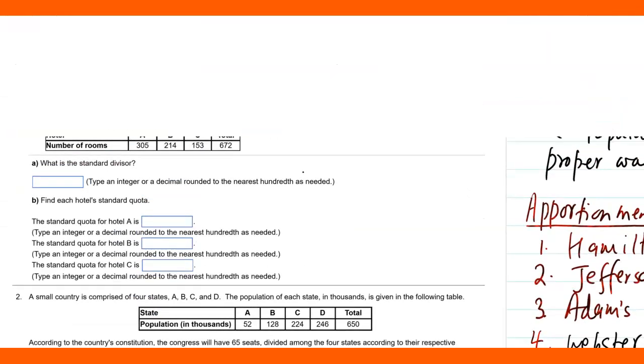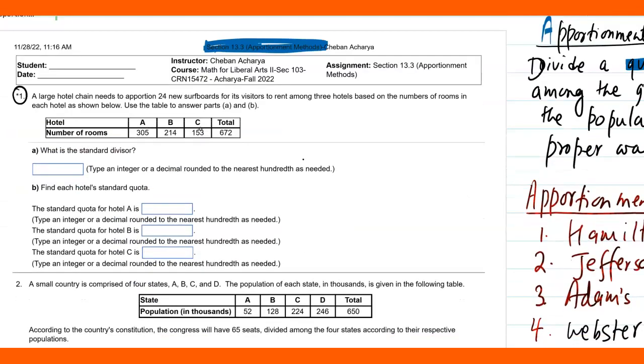Now let's do question number 1. Read the question carefully. A large hotel chain needs to apportion 24 new surfboards for its visitors to rent among 3 hotels based on the number of rooms in each hotel, as shown below. Listen, there are 24 items to be apportioned.